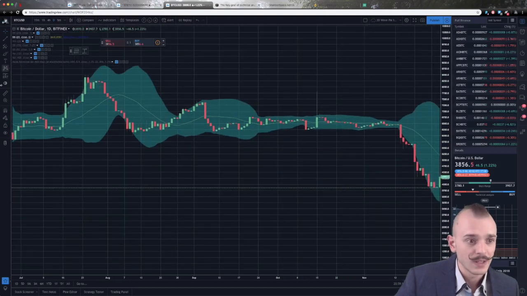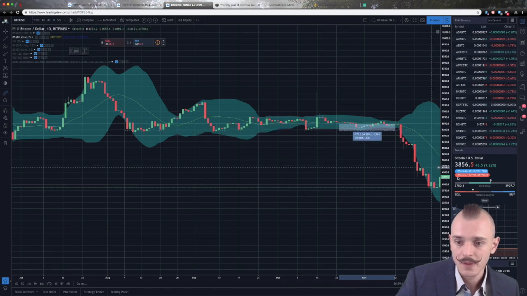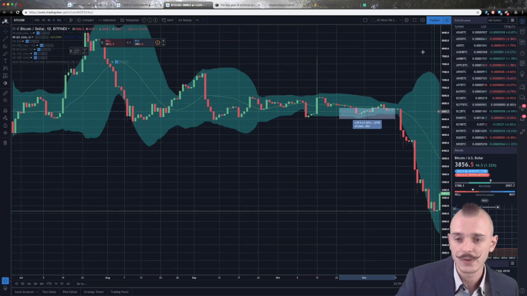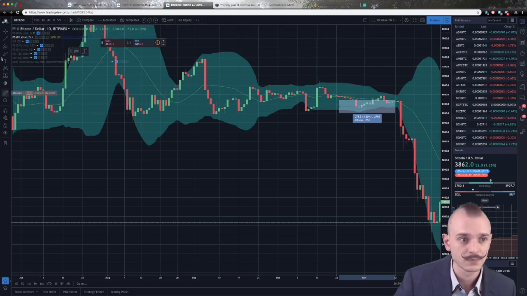Think about this. If I look back 20 candles, right there, beautiful. This little section is going to contain 95% of the data, and it does. Look how perfect that is. About 95% of all the candles are inside this band, inside the second standard deviation.